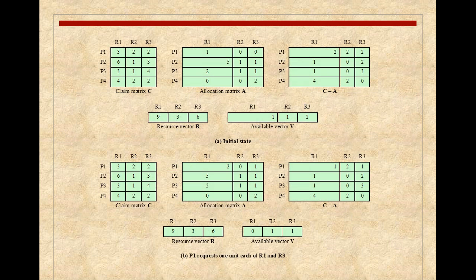Now the last slide: we look at the unsafe state. Again we have 4 processes and 3 resources. This time we allocate resources differently initially. Now we have this need matrix. Again the maximum resources are R1 is 9, R2 is 3, R3 is 6, and the available resources are 1 1 2.